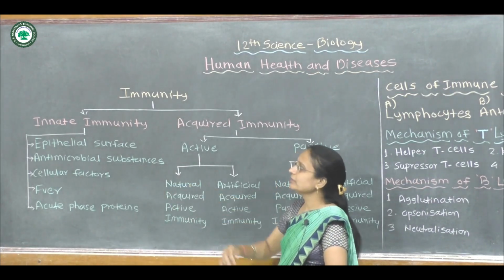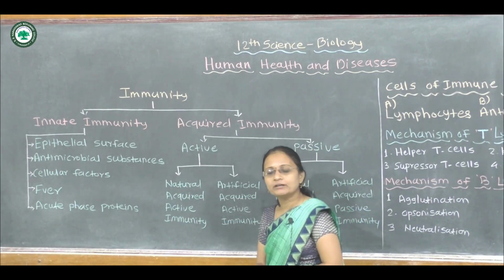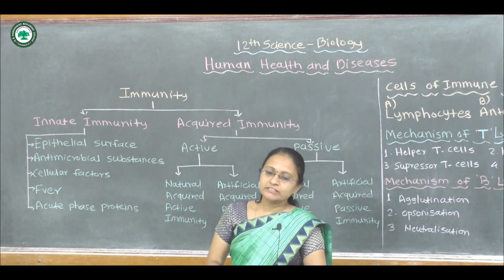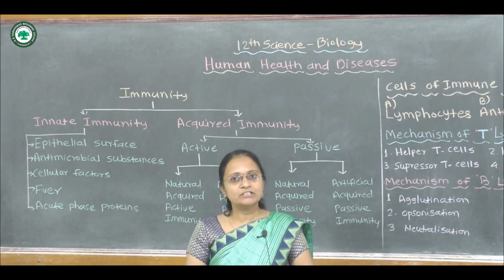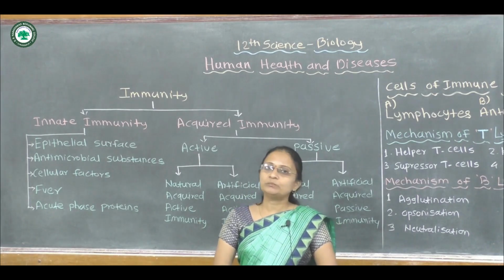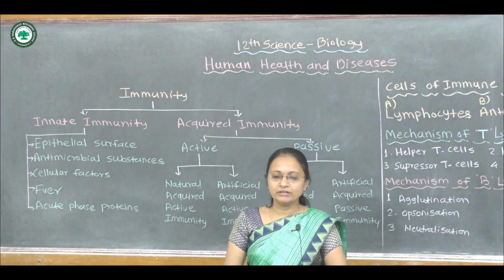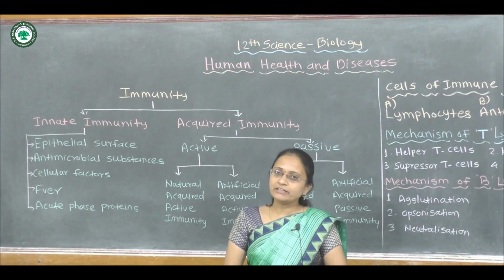The second is the antimicrobial substances present in blood and tissues. These antimicrobial substances are about 30 different types of serum proteins circulating in blood, and these are present in an inactive form.